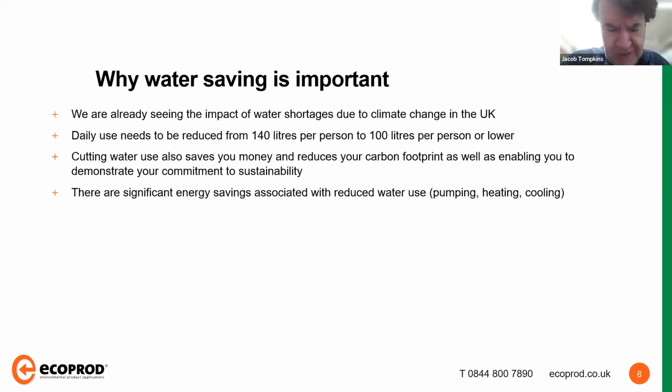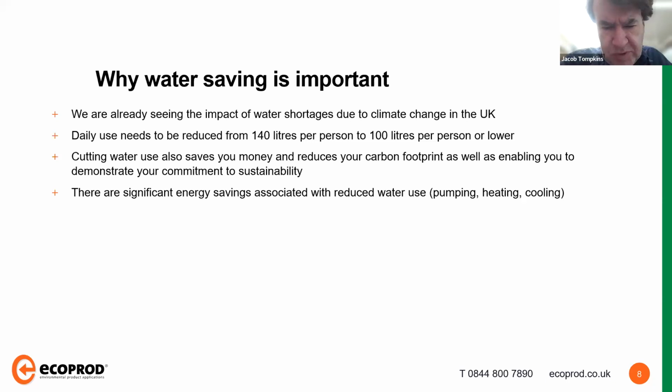It's important because water security is essential for your business. You've probably got backup generators, but I don't think you've got a backup water supply. What happens if you didn't have water for the day? You would have to shut your business down, or shut your production down. But also, saving water saves you money, and it reduces your carbon footprint. There's a very large amount of carbon embedded in water because it's heavy, it's difficult to heat, and it's difficult to pump around.